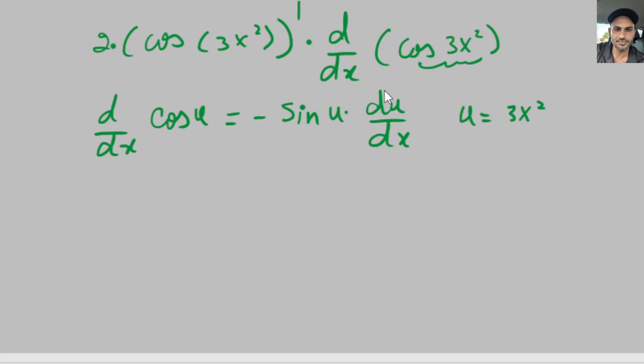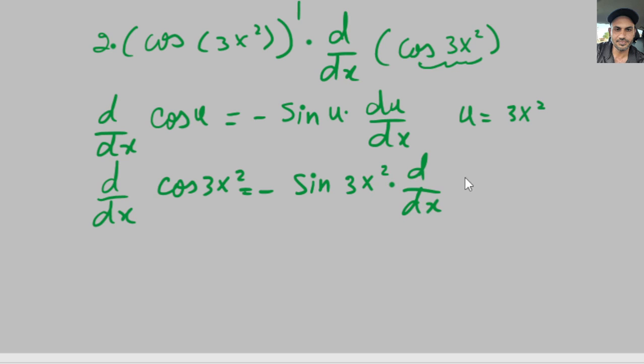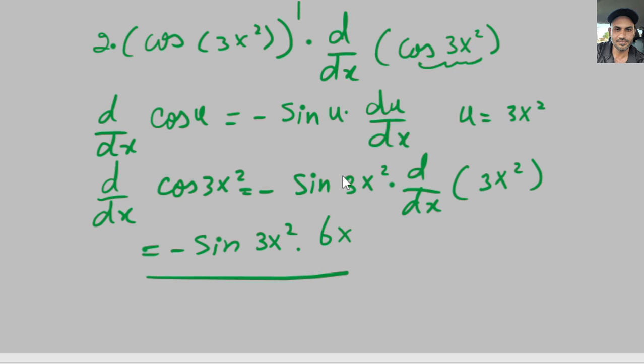So we plug this in: d over dx of cosine of 3x squared equals negative sine of 3x squared times d over dx of 3x squared. What is the derivative of 3x squared? It's 6x. So this is our final answer for this problem.